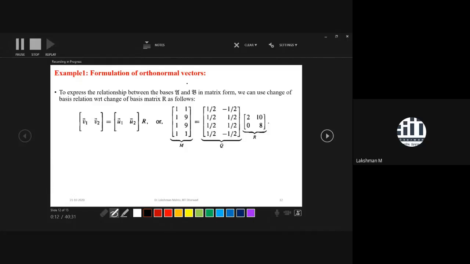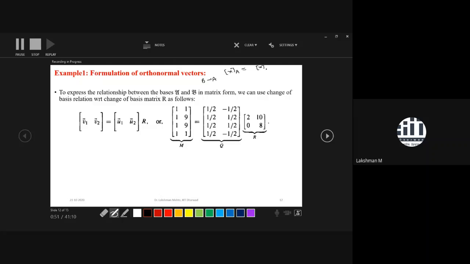If your direction is like this, you are going from basis B to A. If you take any vector x, what is the relation of the coordinate of x with respect to A with the coordinate of x with respect to the old basis? That relation we always relate by what we call the change of basis matrix.